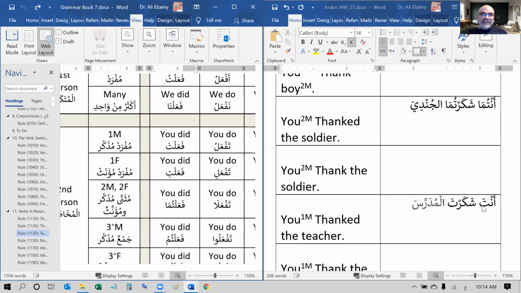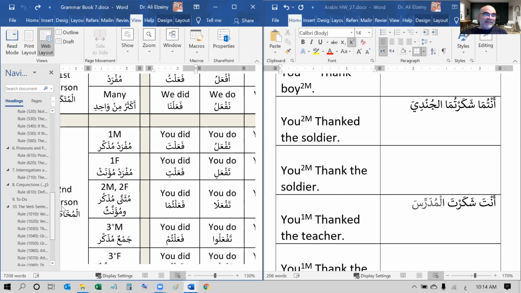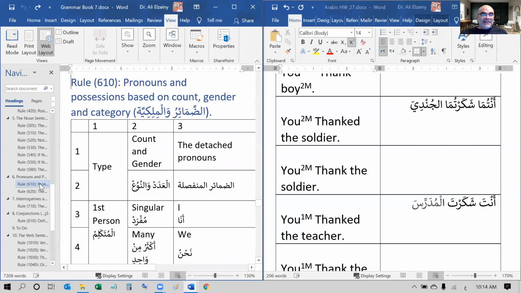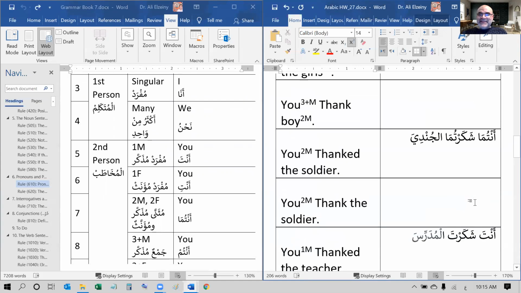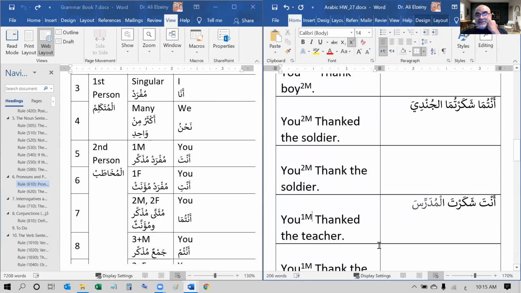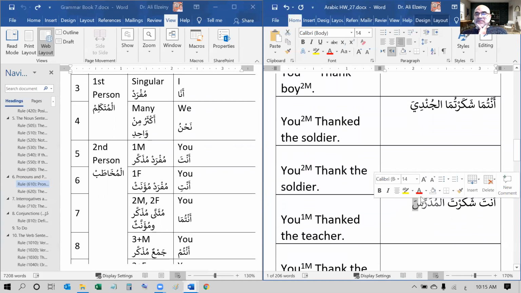From table 610, I get for 1M, "you" 1M, which is the second person 1M, is أنت. So it becomes أنت here. So أنت شكرت. The teacher is المدرس. And it's منصوب. So منصوب, we put فتحة here because it's منصوب.